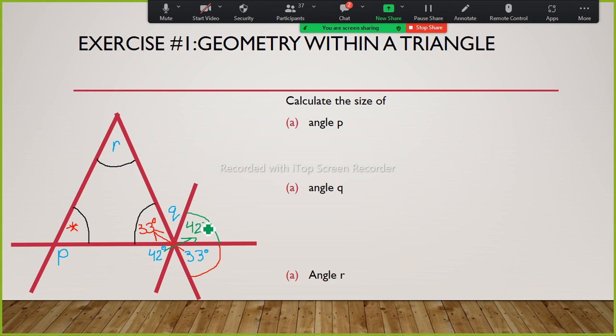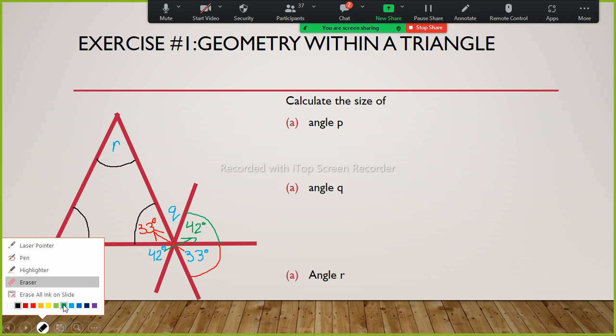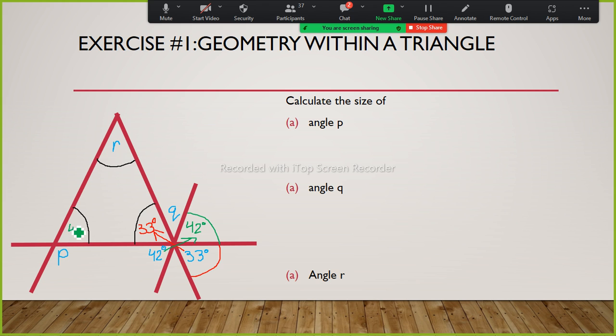So this one is 42 because it's vertically opposite. But if we look at this angle and that angle right here, this angle is 42 and this angle is also 42 because they are what we call corresponding angles. So this one right here is also 42 degrees.